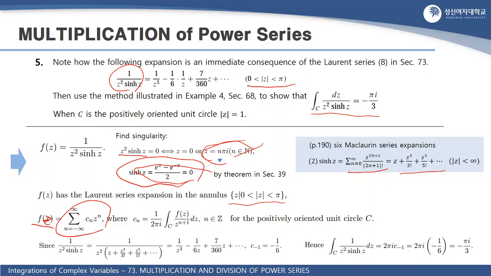Here n is an integer for the positively oriented unit circle C. Since this function can be replaced by this, because hyperbolic sine z is this, then if we do division for this, we get this result.